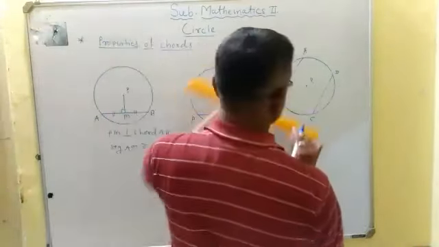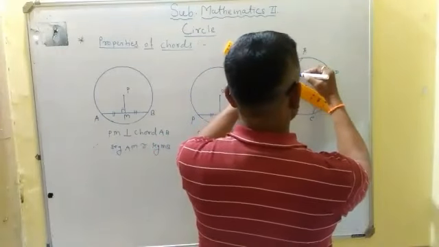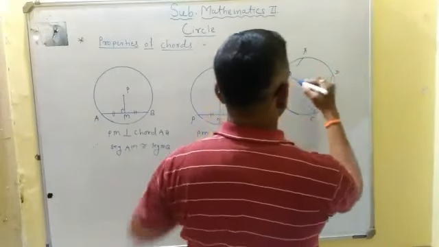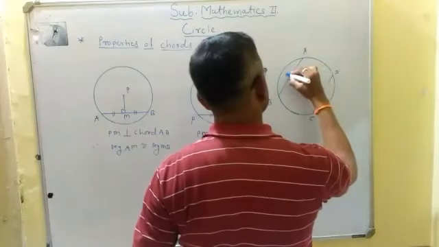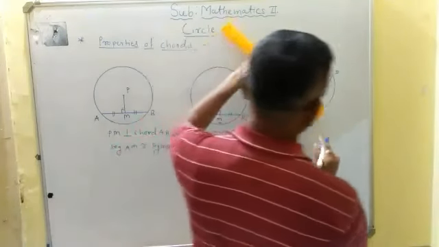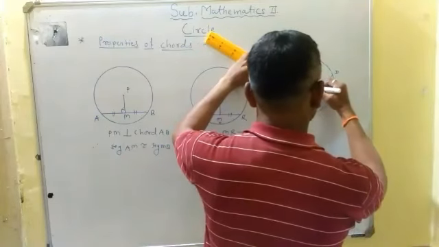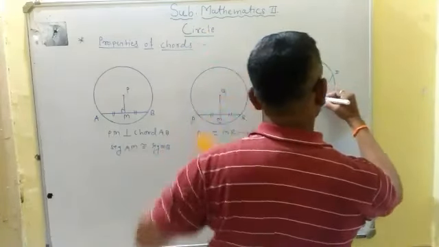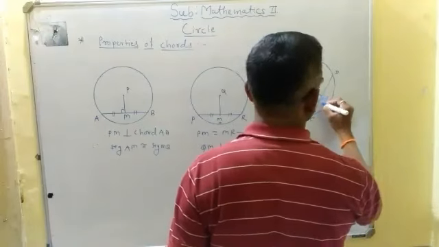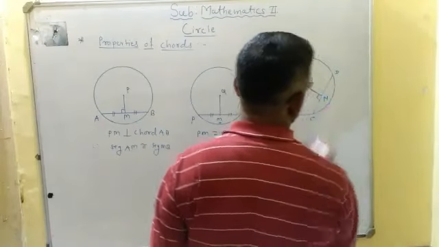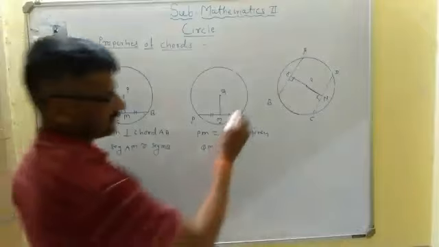Then what happens when you consider the perpendicular, that means the distance of the chord from the center, which is PM here. Also we consider the perpendicular from center P to the chord CD, which is PN.